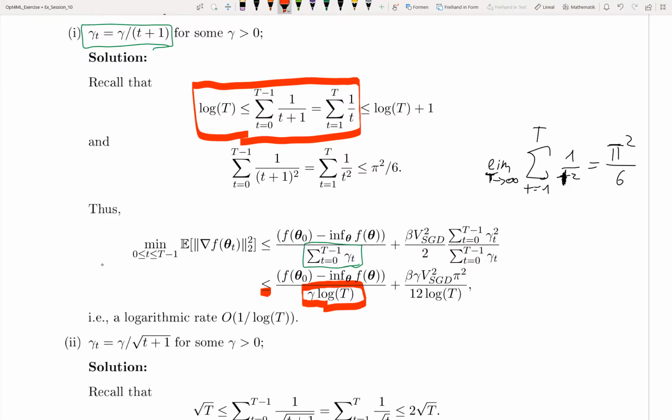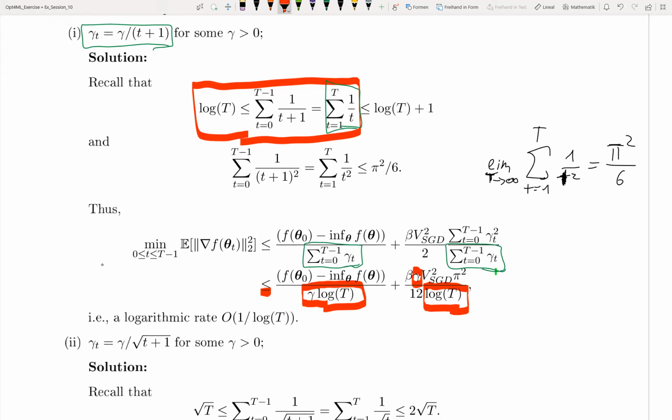On the other hand, we can also see, okay, so sorry, here is of course also 1 times the harmonic series, which we make only larger if we replace it with this.